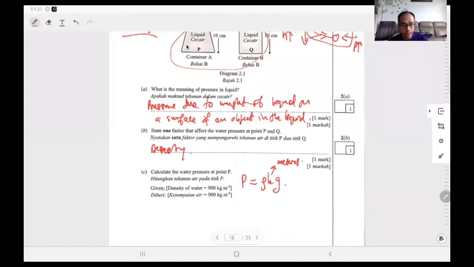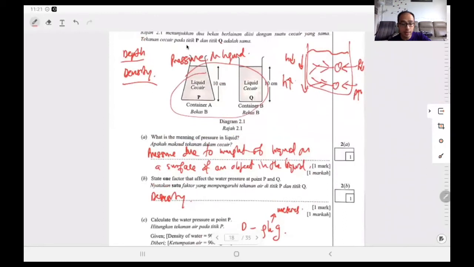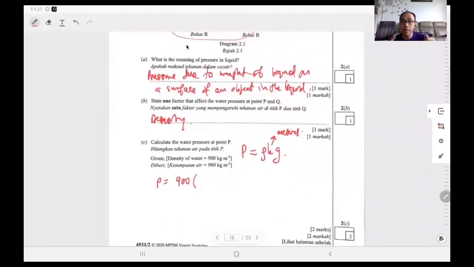So the density is given, so P equals 900 times, since this is 10 centimeters, change to meters, so this is 0.1. Okay, and g is the standard 10. So this is 900, and the unit for pressure is Pascal.